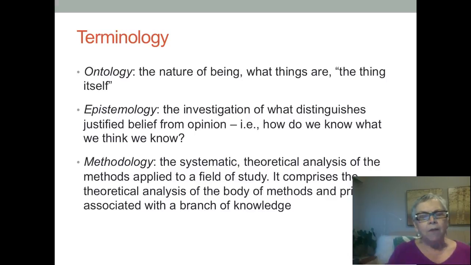Ontology is really around the nature of being, what things are, what is the essence of the thing itself. When you're considering that, for example, when you're looking at what is the essence of a table, what is the nature of being a table, what is the nature of being a chair, a book, etc. What is the essence of the thing itself? That is, you're looking at the ontology of what is.